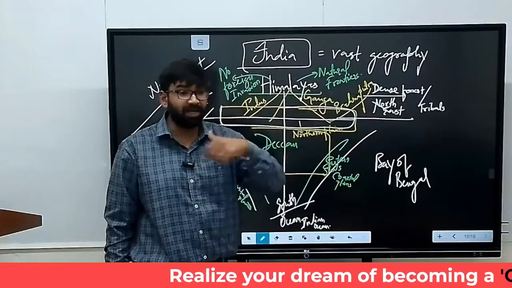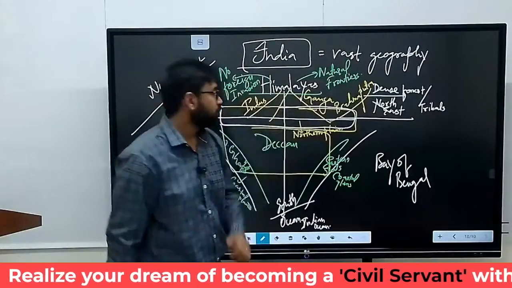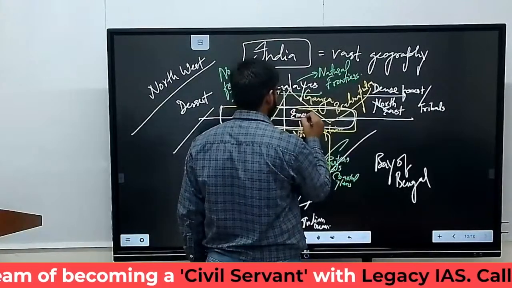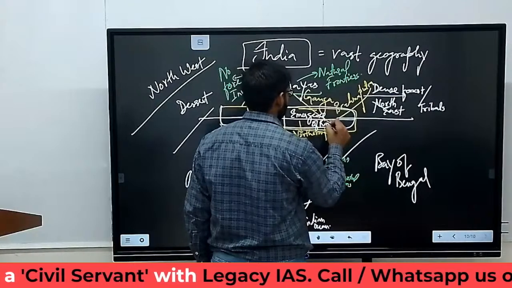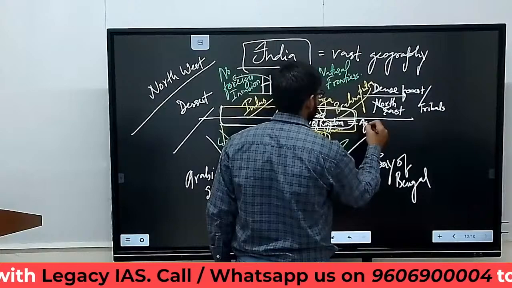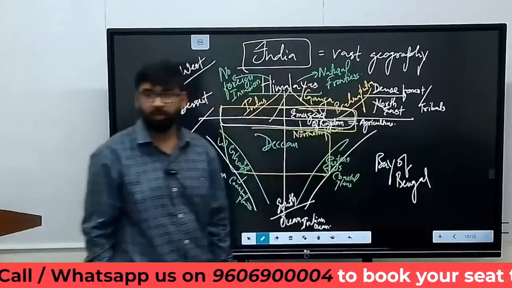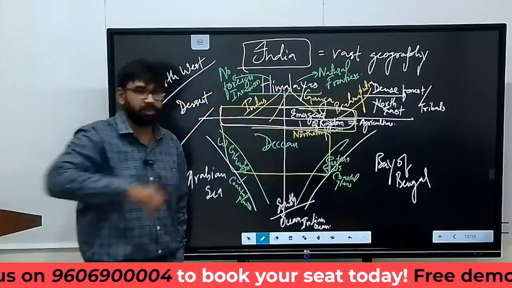And to run a state, a kingdom, you need money. So in this region, you will see the emergence of kingdoms. The most important part is agriculture, an important part of the economy.